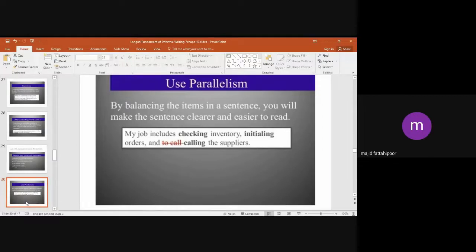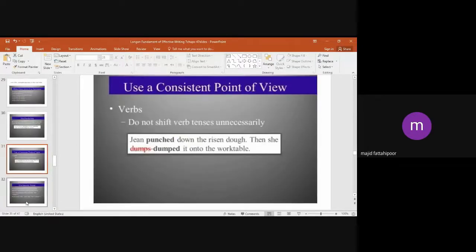This is parallelism, and one example of parallelism; of course, there are other types. And the consistent point of view means as a writer, you have a point of view. For example, you use past tense as if something has finished, as if it doesn't have any effect on you anymore. Okay, past tense is not just past tense. It has a meaning further than something happened in the past.